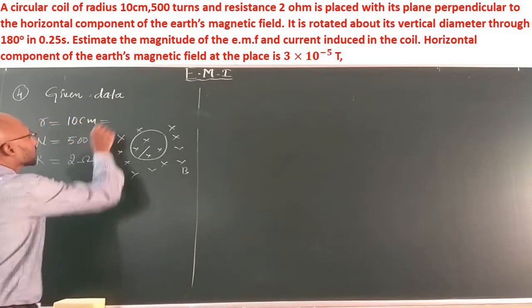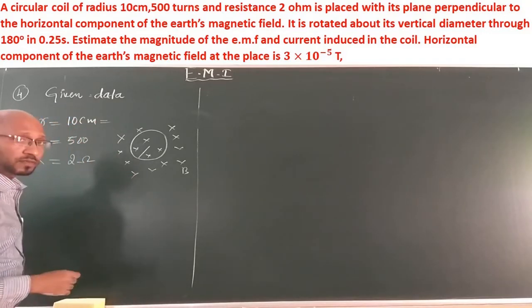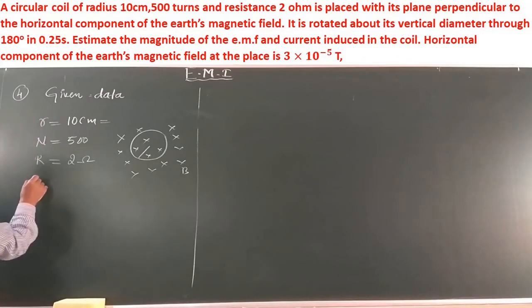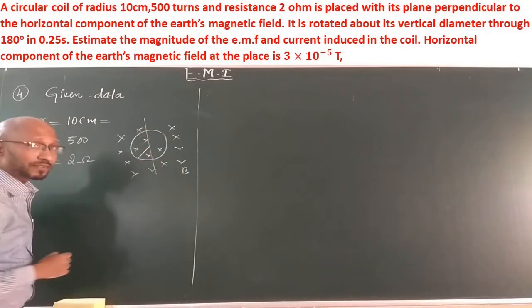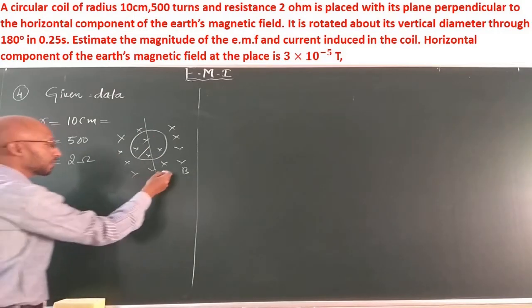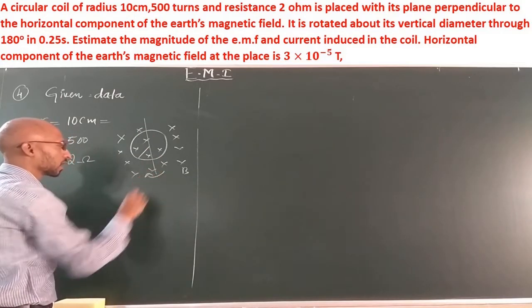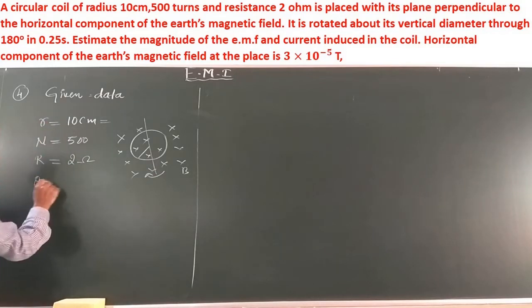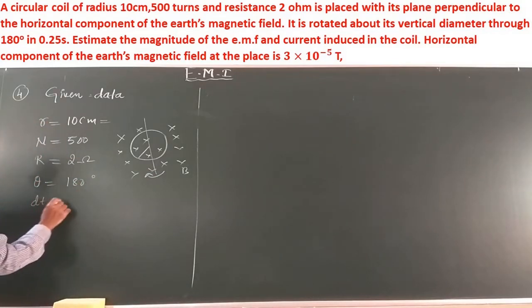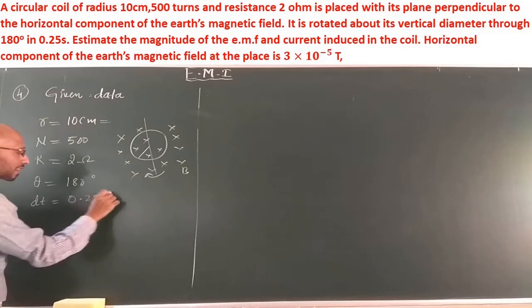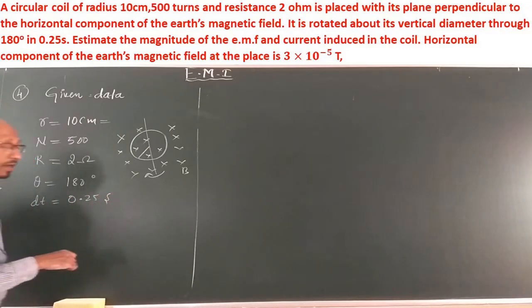Next, what is given? I have drawn a vertical diameter here. If I rotate the coil, how much angle is it rotated? If I rotate the coil 180 degree, the time taken for rotation is 0.25 seconds, in a uniform magnetic field.